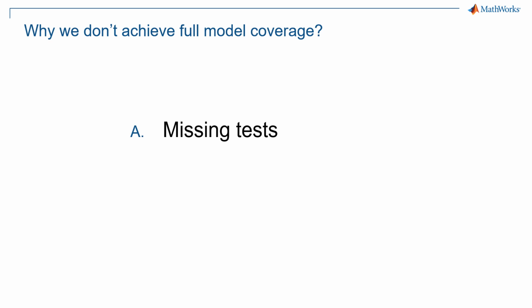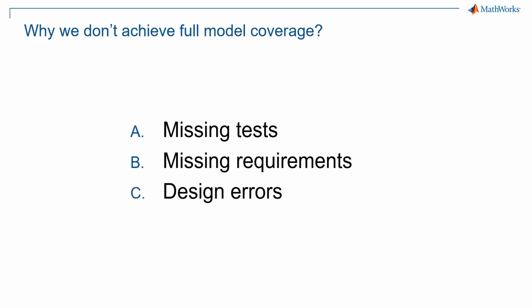The second, missing requirements. In the previous case, since we invoked the automatic test generator, the most likely cause is design errors, for example, dead logic. Having dead logic in our design, even the code generator will surely fail to achieve 100% coverage.